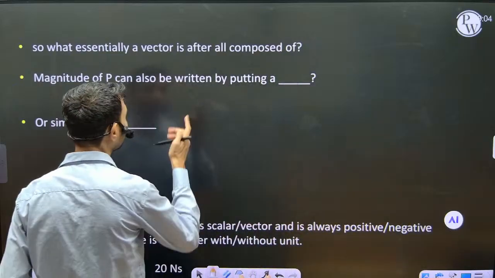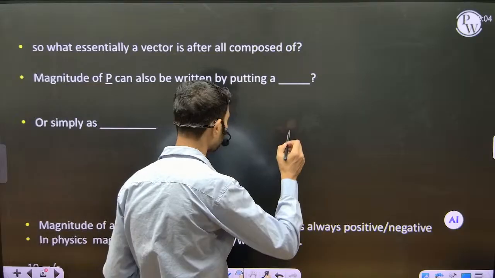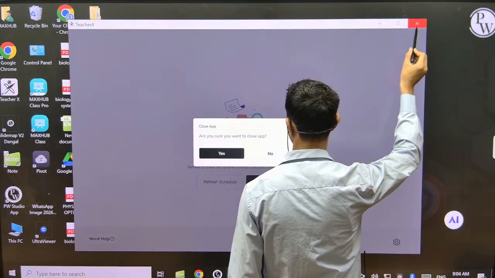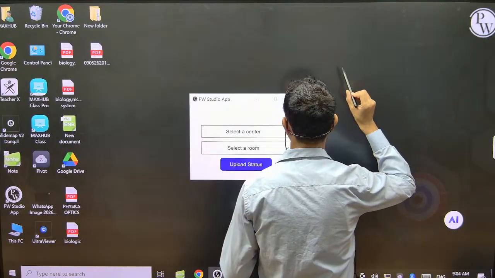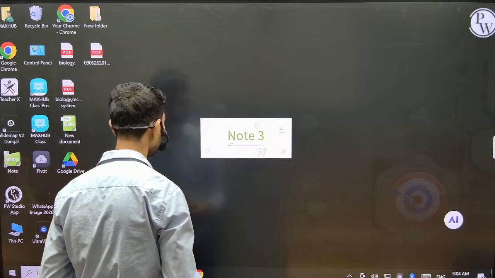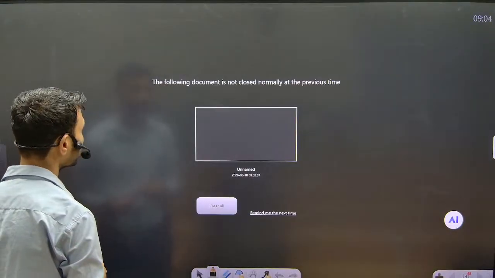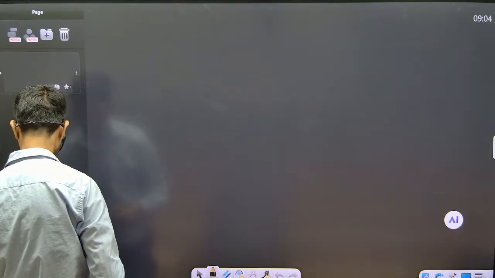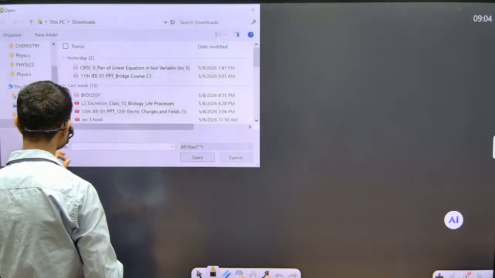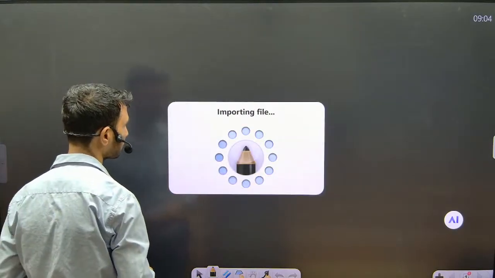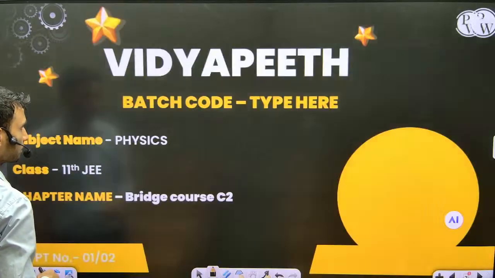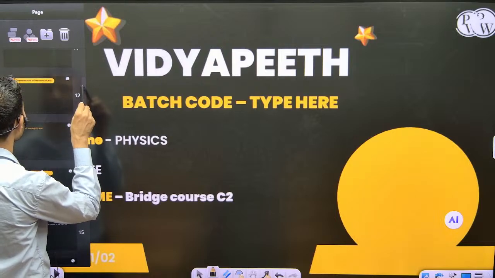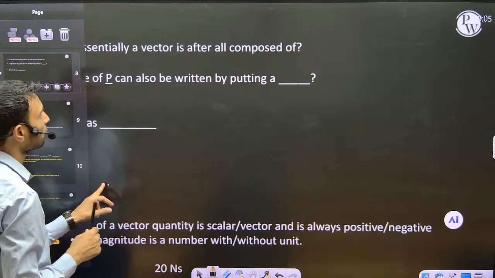Okay. So, what essentially is a vector composed of?